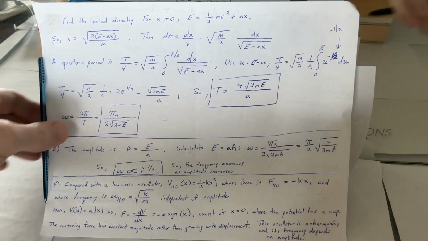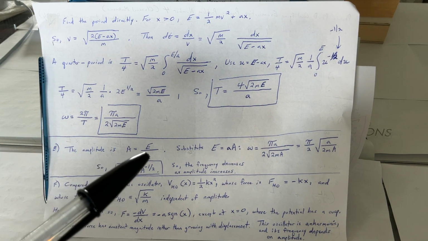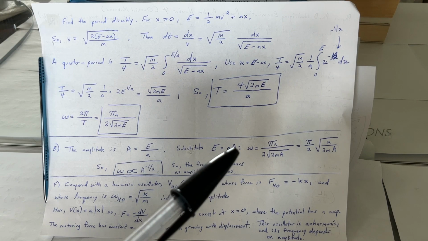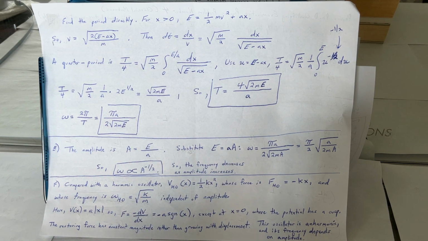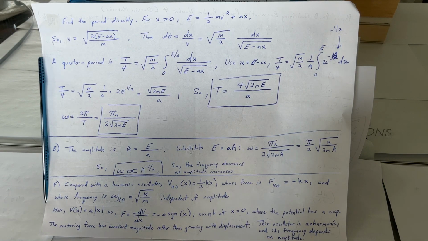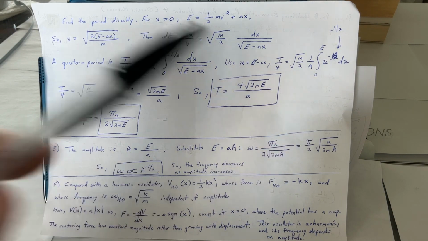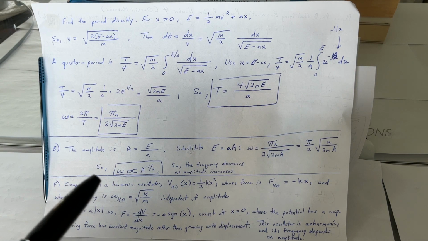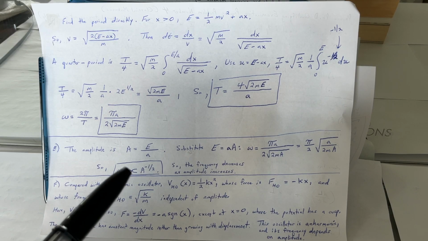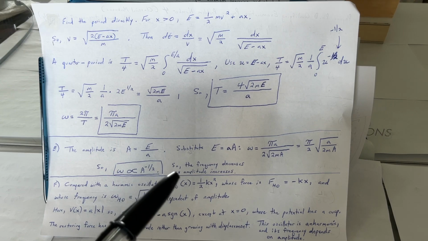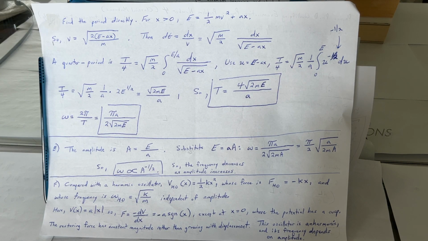Amplitude is A equals E over a, so we substitute E equals lowercase a times capital A. Omega equals pi a over 2 times the square root of 2ma, which equals pi over 2 times the square root of a over 2mA. So omega is proportional to A to the -1/2. So the frequency is going to decrease as the amplitude increases.